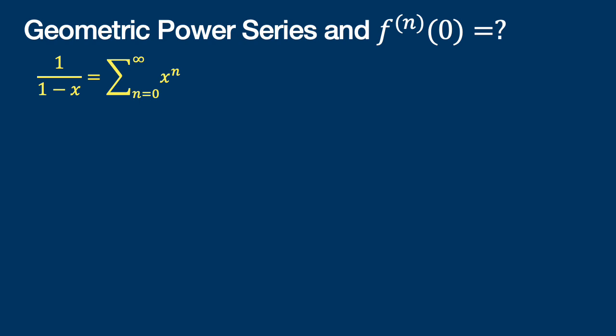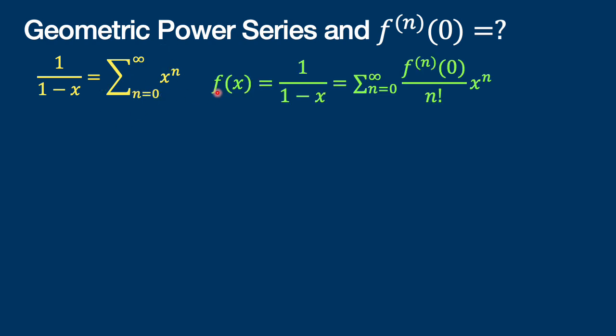Let's look at the geometric power series we studied in the previous session and compare it to the Maclaurin series we studied here. Here is the rational function power series, the geometric power series. Now, f(x) is going to be 1 over 1 minus x.